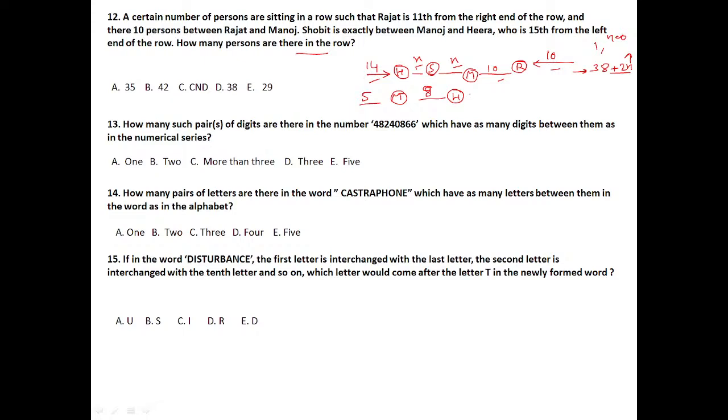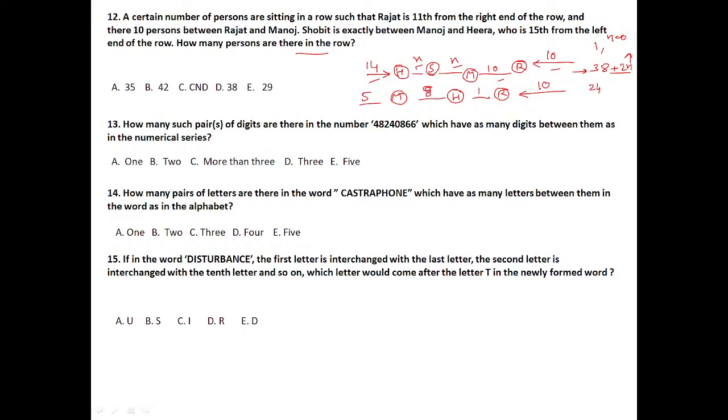So if this is the 15th place from the left end of the row, now we have to check that between Manoj and Rajat there are 10 persons. So 8, 9, only one person is here and Rajat is here. And again 10 persons from the right end of the row, that means from the right end the 11th is Rajat, right? So 10 persons are here. Now you can check: 10, 11, 18, 19 and 24. It is 24, right?